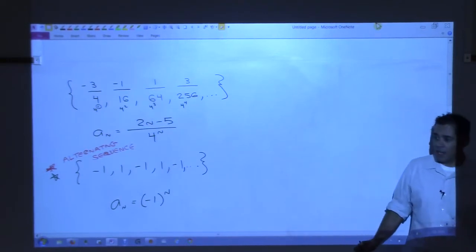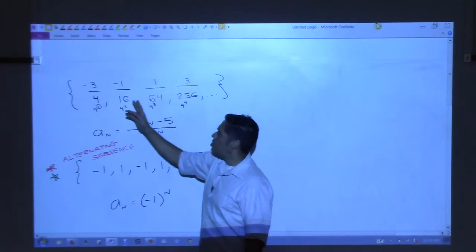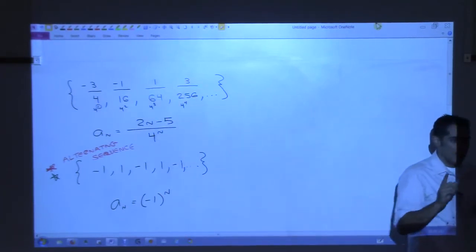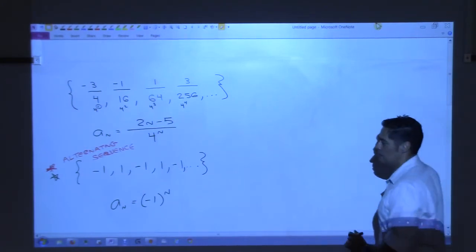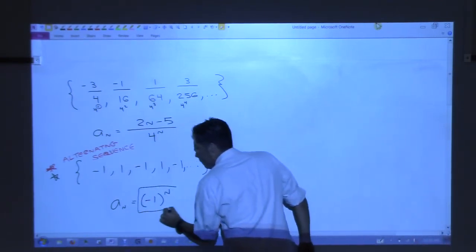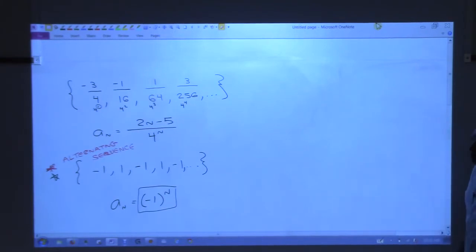It goes from negative to positive, negative. Was this alternating? No, it did not switch negative, positive, negative, positive, right? Whenever it switches like that, it's called an alternating sequence. And we will need and use that quite a bit. So this whole thing right here would make it alternate, right?